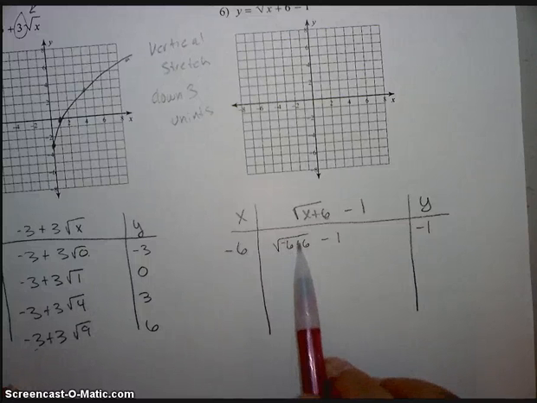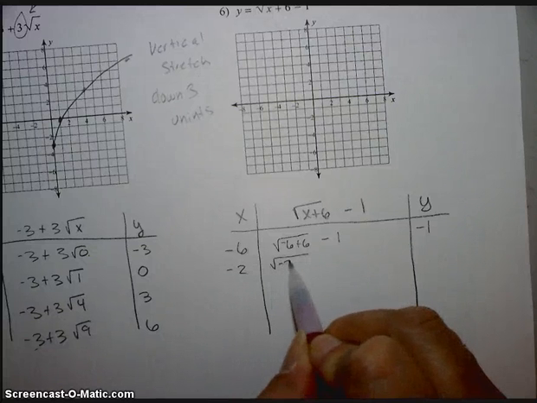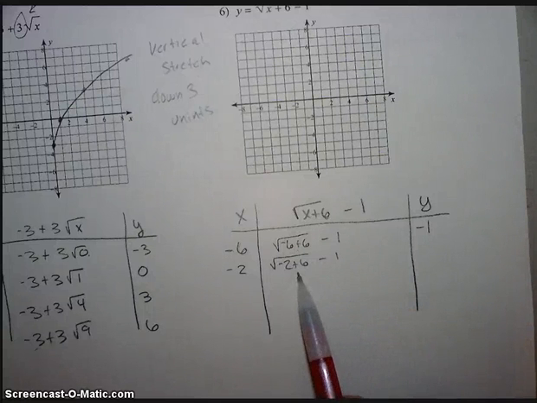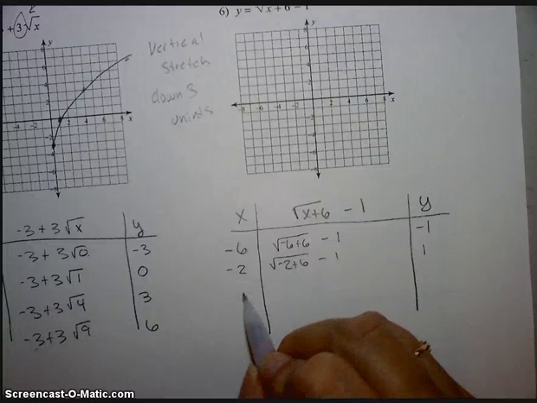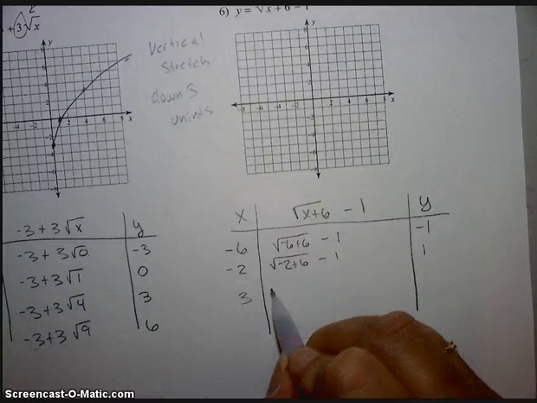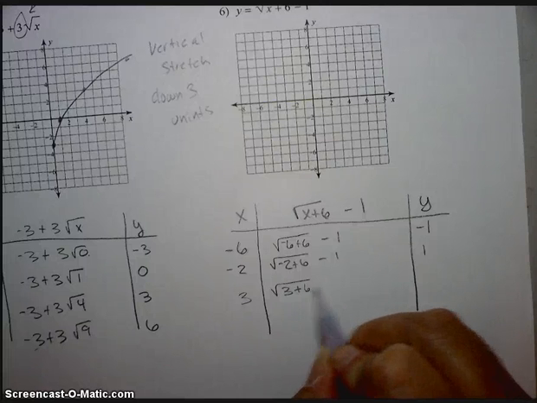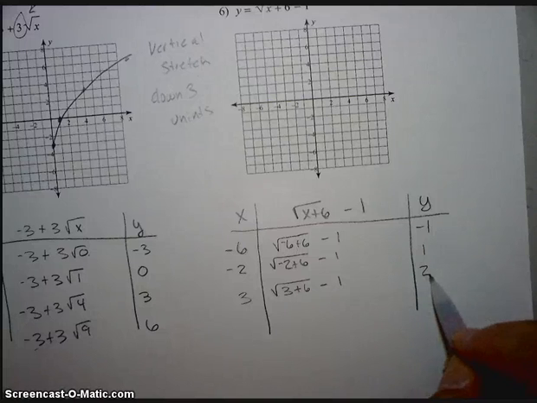The next perfect square I could do here would be 4. So if I put a negative 2 in here, negative 2 plus 6 is going to give me 4. The square root of 4 is 2. 2 minus 1 is 1. My next perfect square would be 9. So if I shoot up to 3, 3 plus 6 is going to give me 9. The square root of 9 is 3. 3 minus 1 is 2.